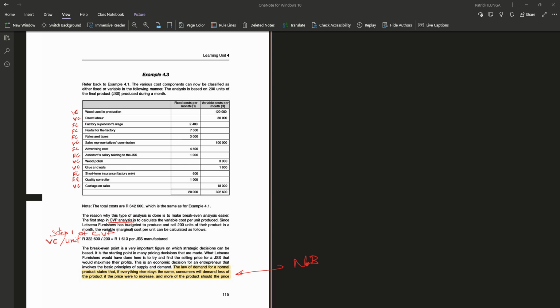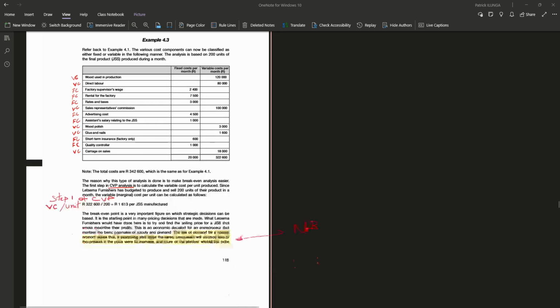And we know that the company intends on producing 200 units a month. So we take the total cost divided by 200 and we find 1,613 per JSS manufactured, and that is the marginal cost per unit. It is the variable marginal cost per unit.